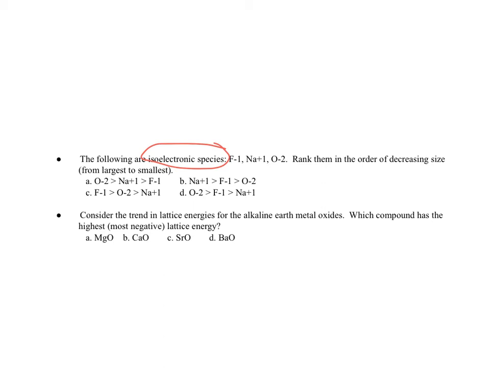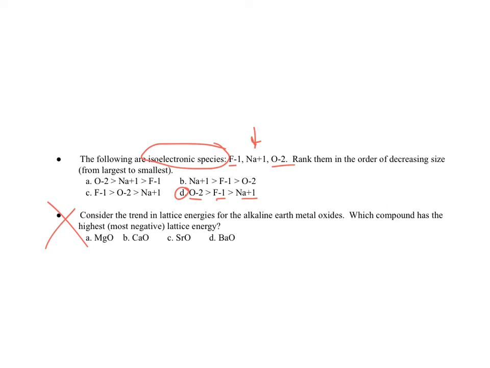So which one's going to be the biggest? Well, oxygen's going to be biggest, followed by fluorine, and then sodium is going to be the smallest because it's the positive. Okay. So this says decreasing size, so from largest to smallest. That means we got to start with O2 minus, then we go to F minus, and then we go to sodium. So this one's D.